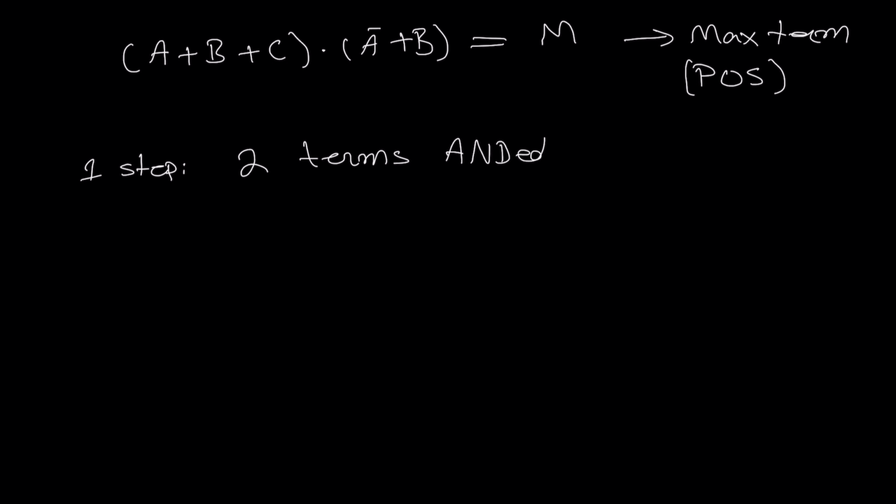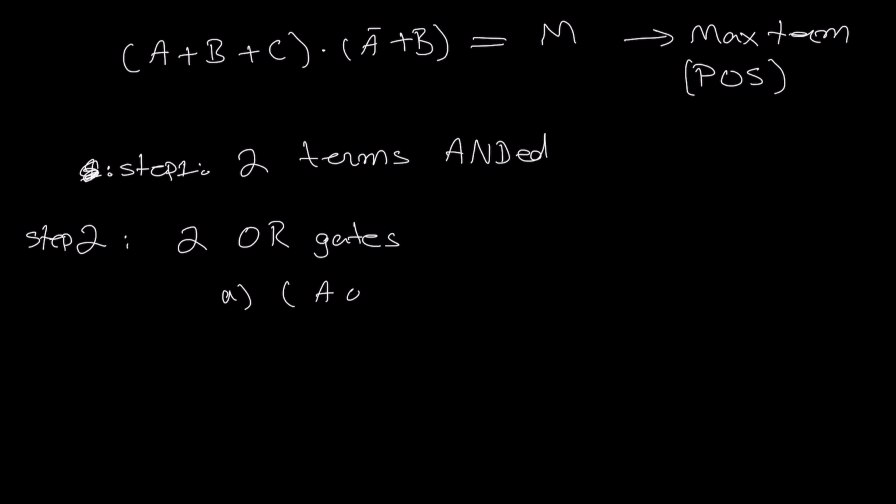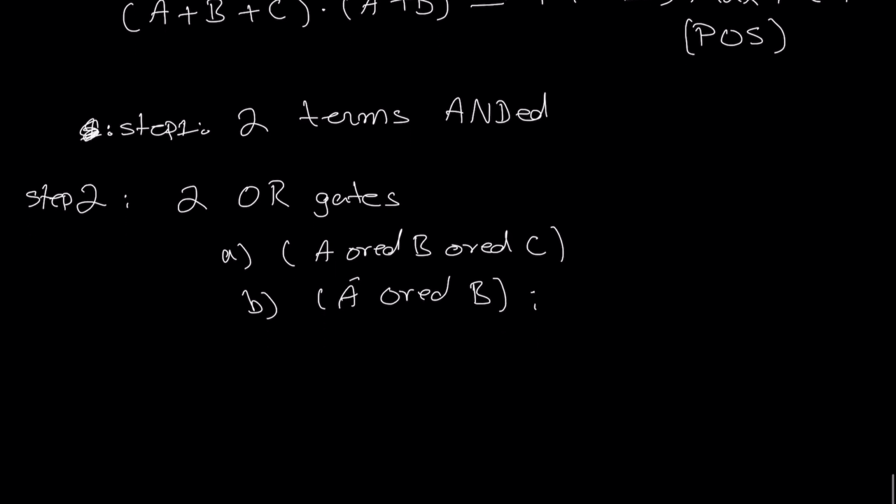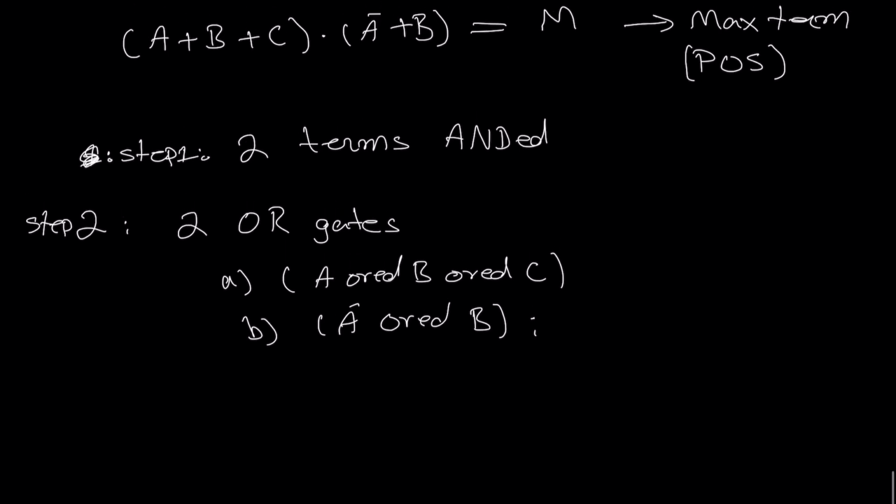Step 2 is that we have two OR gates. Let's call them A and B. A is A ORed with B, and that is ORed with C, and B is A naught ORed with B. So these are the conditions here, the simplification of that.